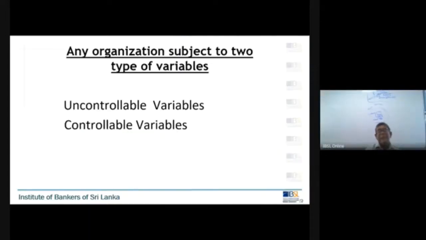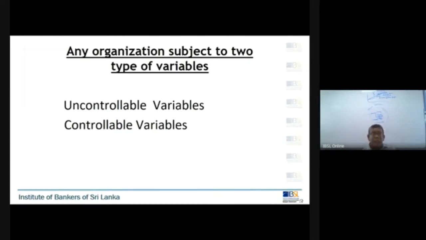Let's look at it. Right now, any organization is subjected to two types of variables. You know this; I have already communicated it to you indirectly. One type of variable you cannot control, so we call them uncontrollable variables.